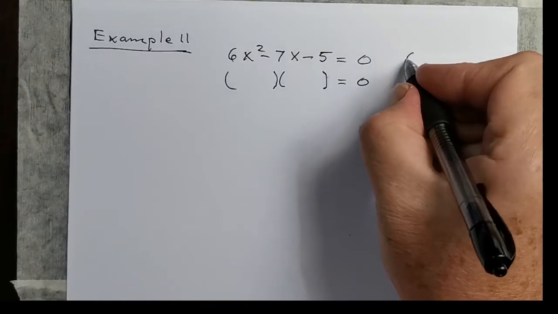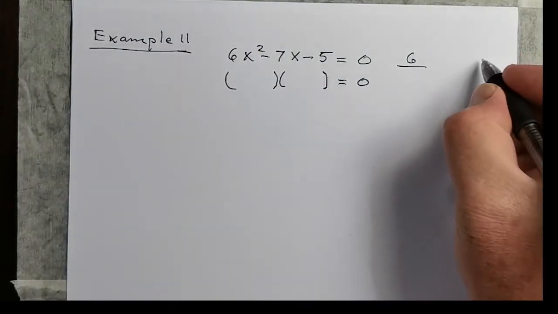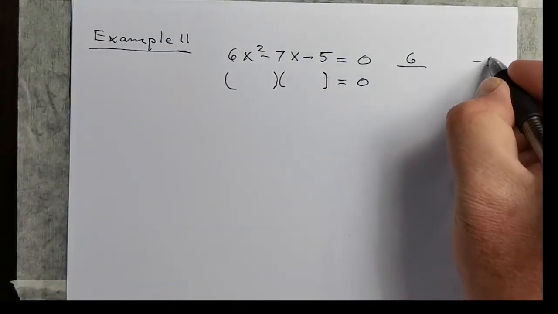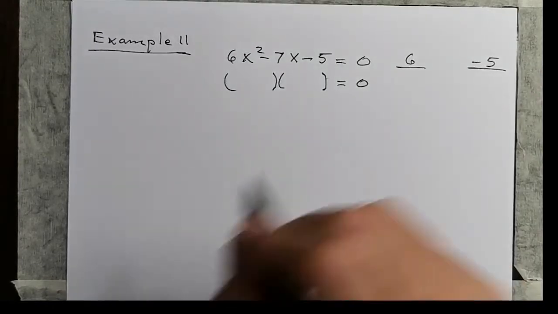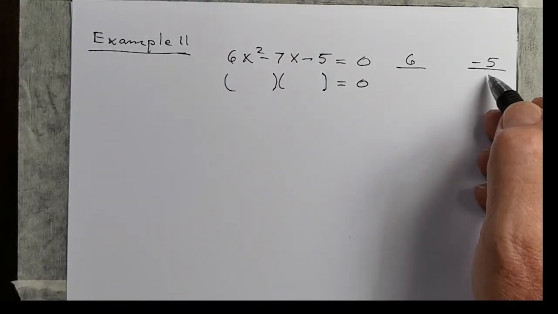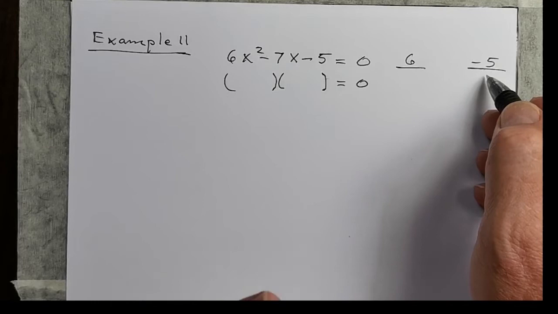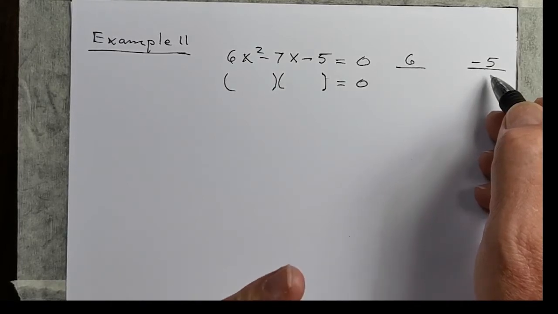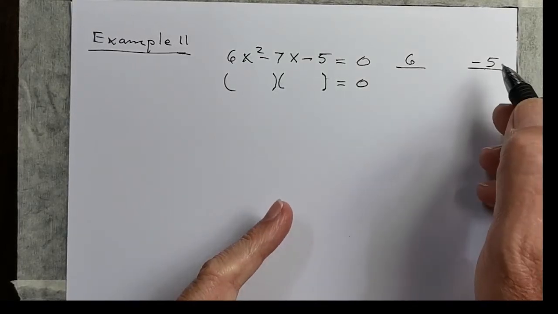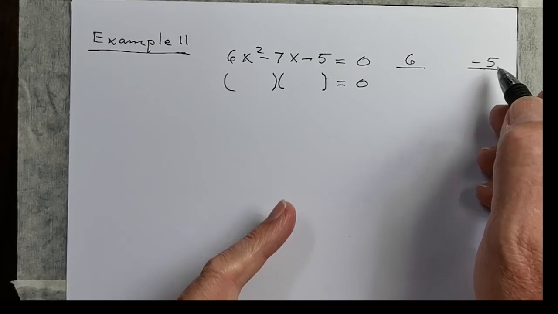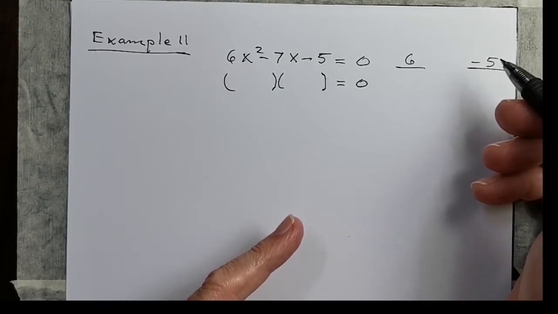So we look for factors of 6, and we look for factors of negative 5. Again, negative 5 can only be gotten by taking negative 1 times 5 or positive 1 times negative 5.